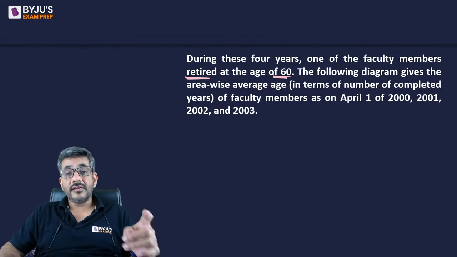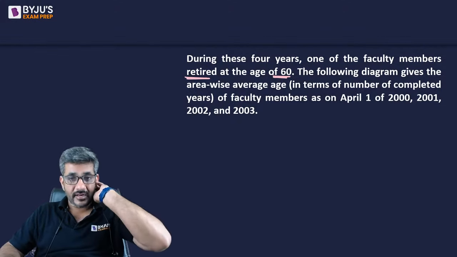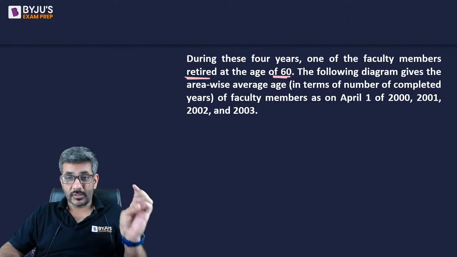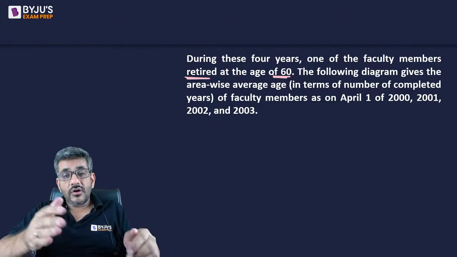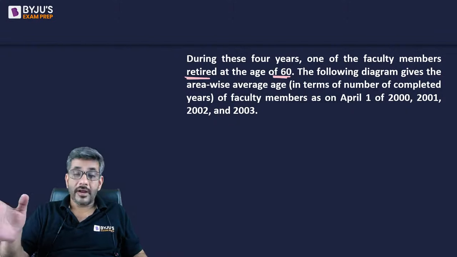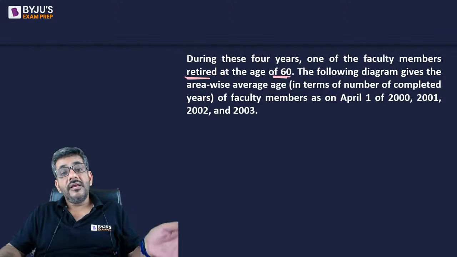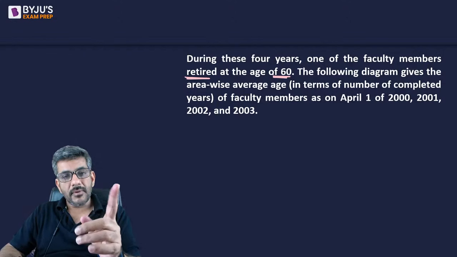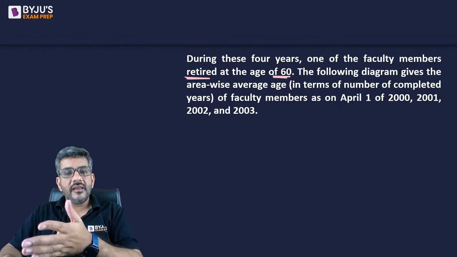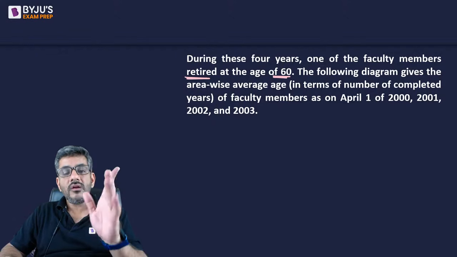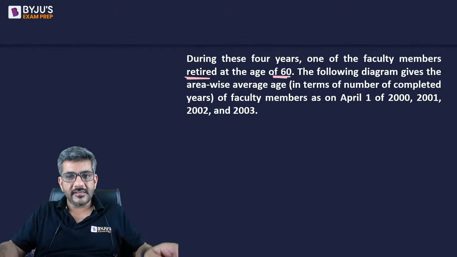So what is he saying in this question? He is saying that in each of the areas one member joined, whereas in one of these areas a member retired at the age of 60. I repeat, in each of the areas a member joined, but in one of these areas a member retired at the age of 60.